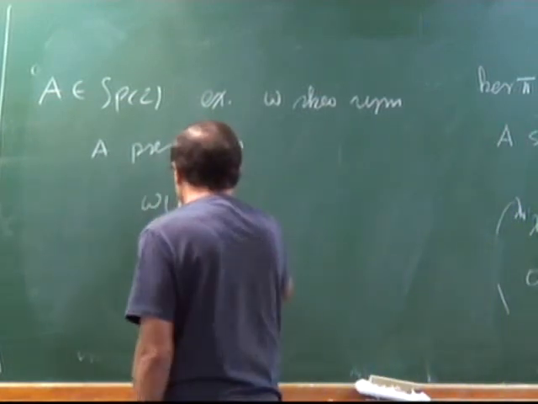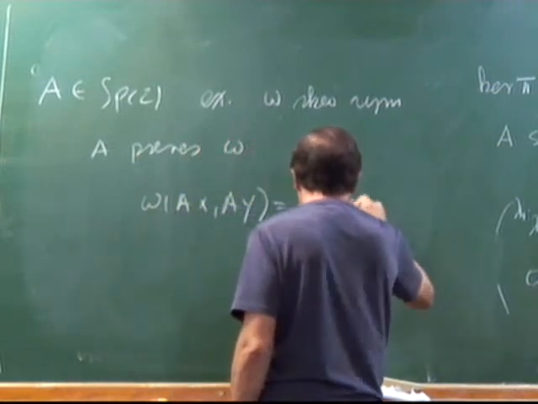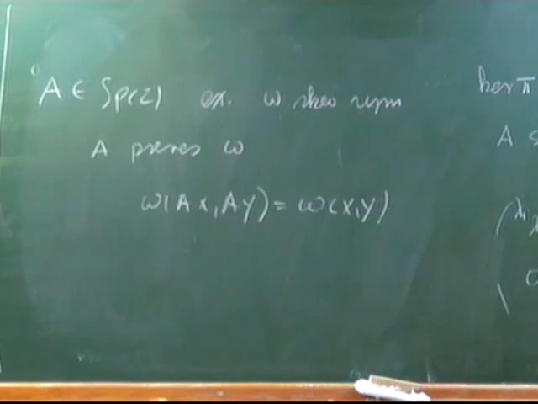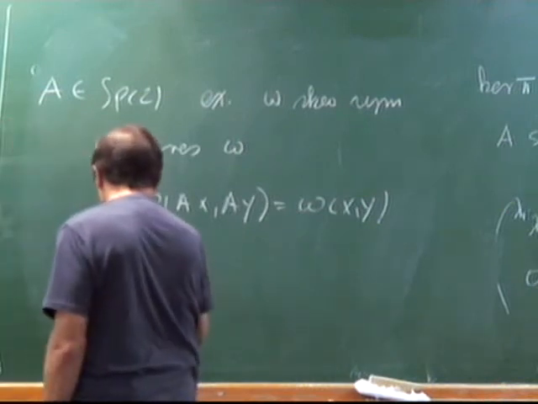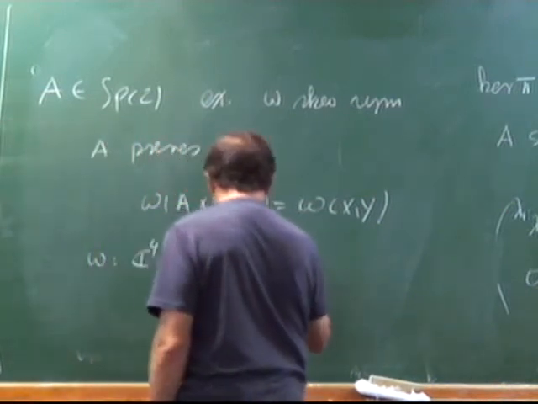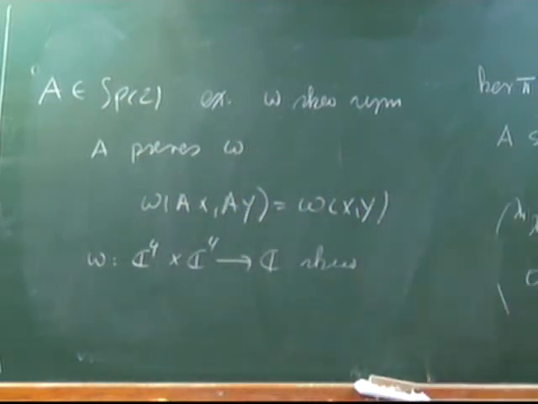So omega of AX, AY is equal to omega of X, Y. But omega is skew symmetric on C4. And so omega goes from C4 cross C4 into C and is bilinear.